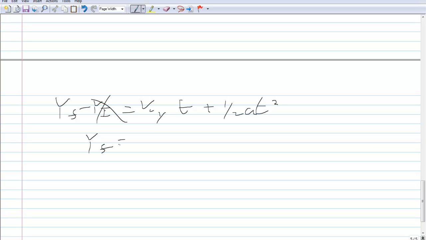We have y final equals v naught y times d divided by v naught x, and then once again minus 1/2 g d divided by v naught x squared.